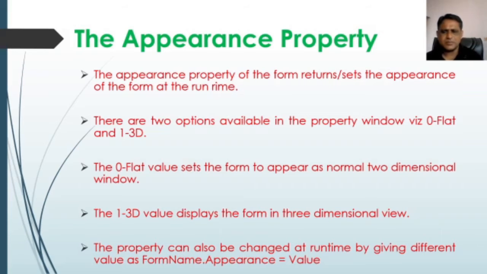The appearance will be automatically set when the property changes. The 3D option makes the form appear in a three-dimensional fashion, and the Flat option makes the form appear in a 2D view.